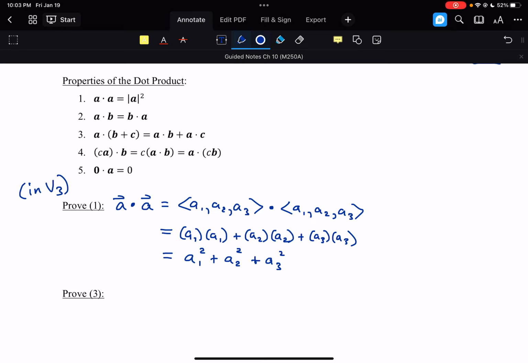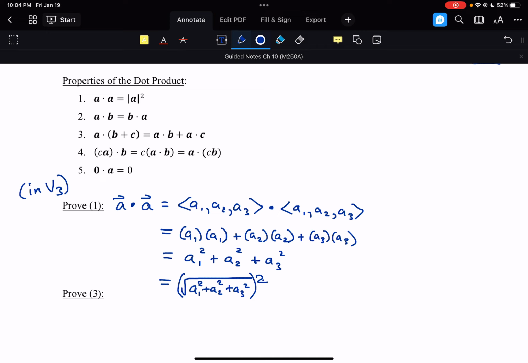And if you remember the formula that we had for the length of a vector, the magnitude, that was the square root of A1 squared plus A2 squared plus A3 squared. All right, and this is that same formula without the square root. So what we could do, we could say that this is the square root of A1 squared plus A2 squared plus A3 squared, squared.